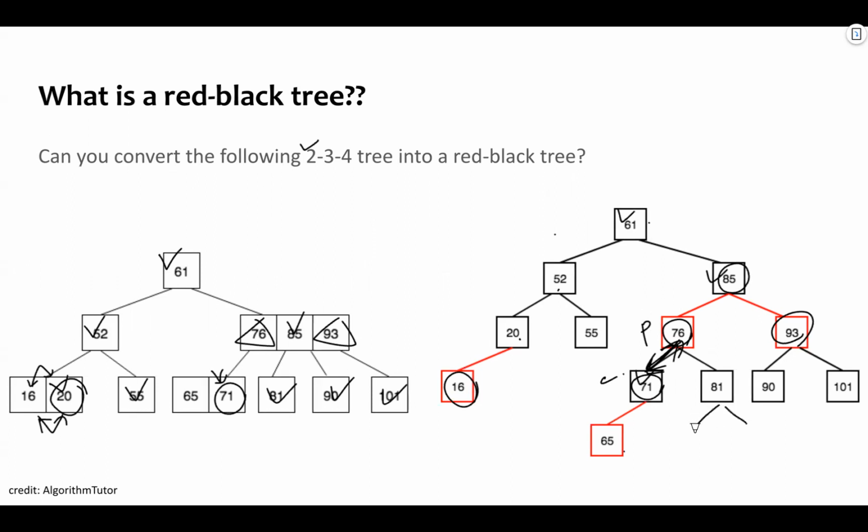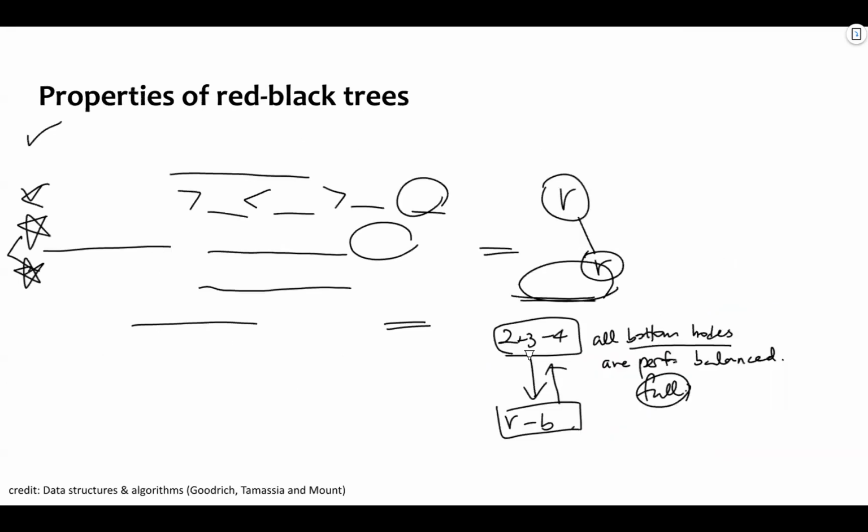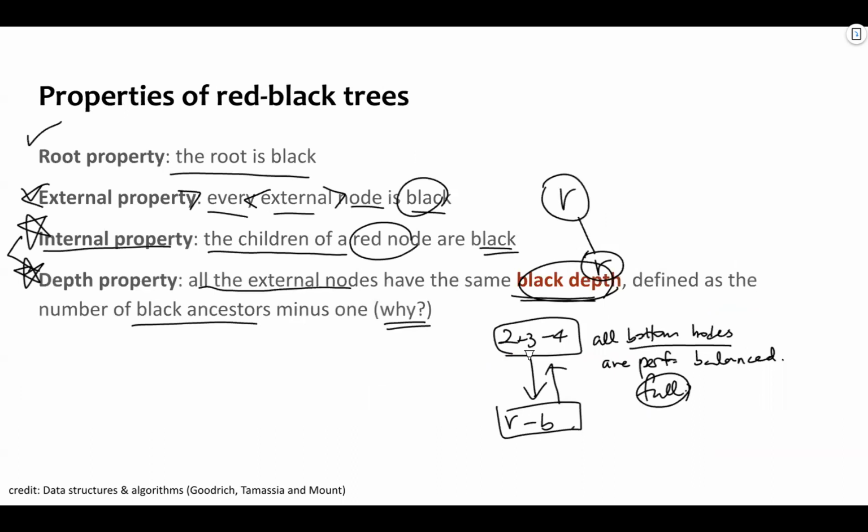And I'm going to describe the external nodes. These empty nodes are external nodes. And this one also takes 1, 2, 3 black nodes to the top. So all the bottom nodes or external nodes have the same number of black nodes to the top. That is what the depth property is about.